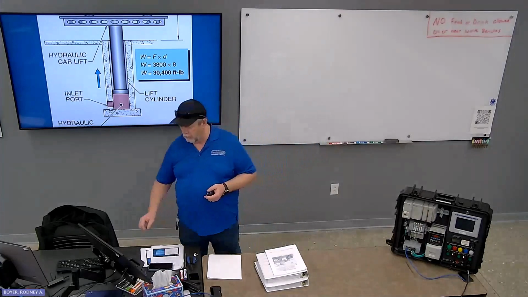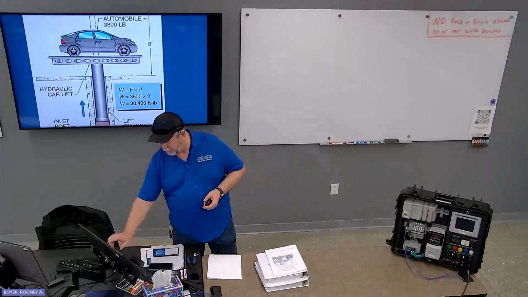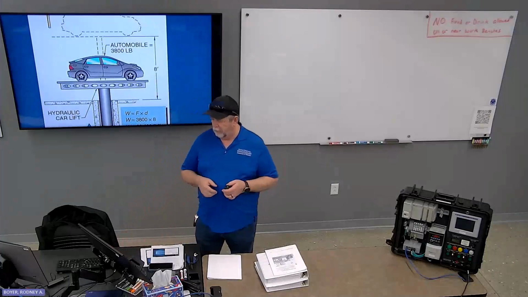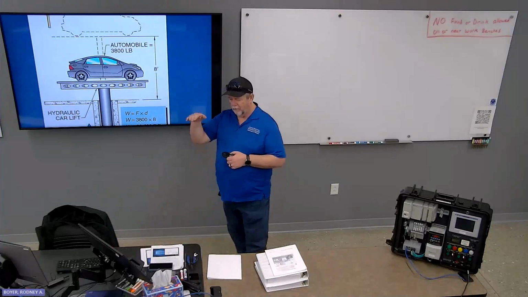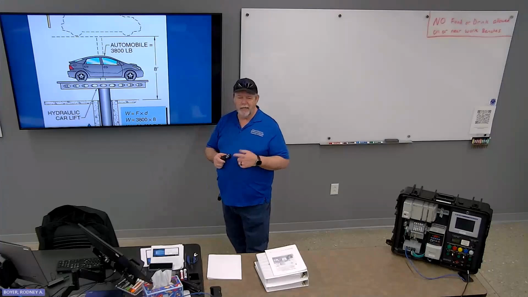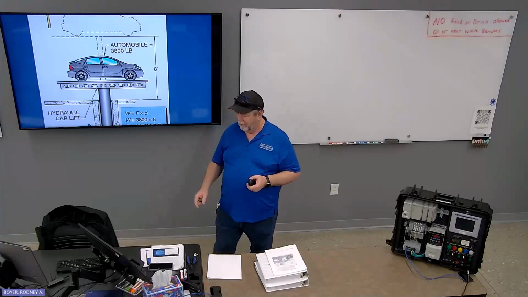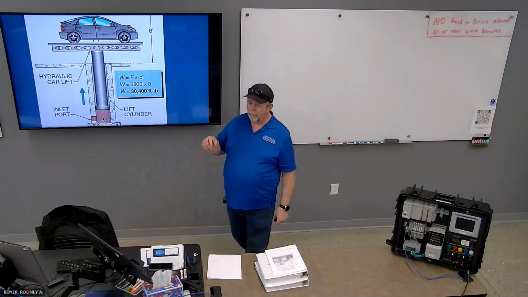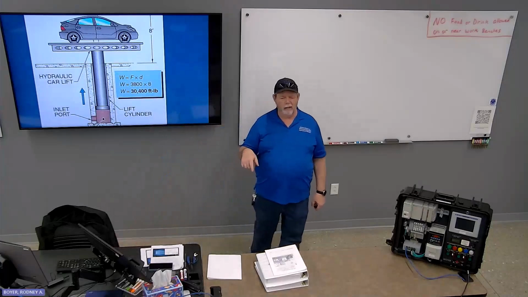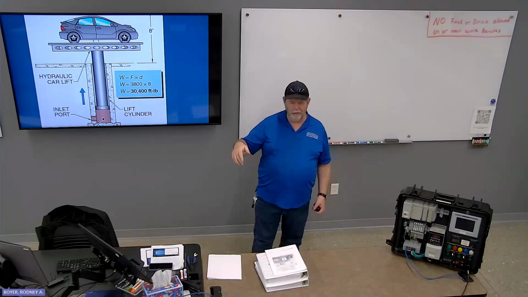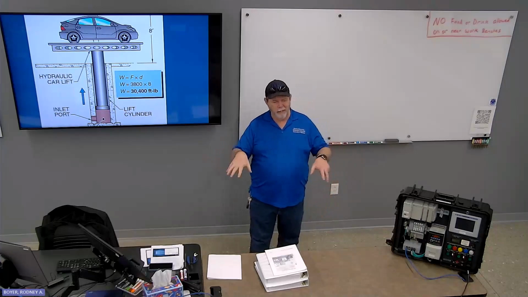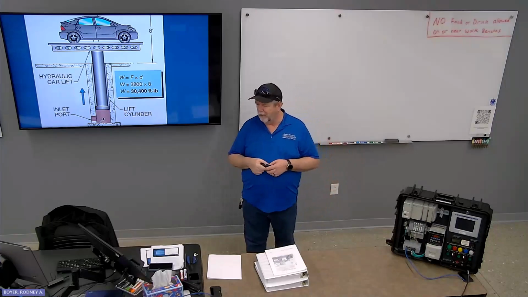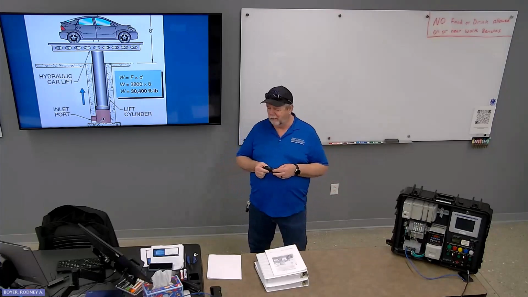So, a hydraulic cylinder lifting up a 3,800 pound car, taking it up 8 feet in the air so you can stand under it and work on it. 3,800 pounds that you need to lift. Actually more than that, because you've got to lift the cylinders or the piston, the rack that are sitting on, all that stuff too, but we'll assume that it's only the 3,800 pounds here.